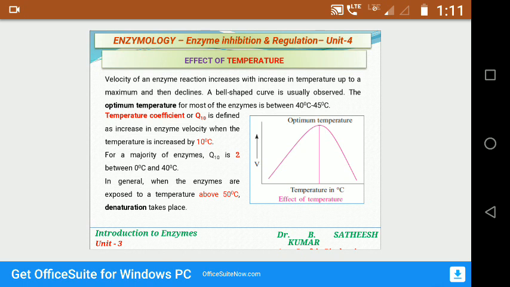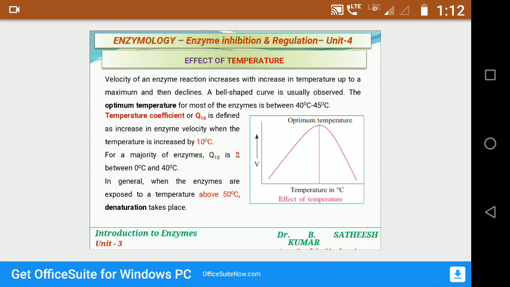We have to discuss one important point when we consider temperature as a factor that affects enzyme catalysis, which is the temperature coefficient, also known as Q10. Q10 means the increase in enzyme velocity when we increase the temperature by 10 degrees centigrade will be twofold.